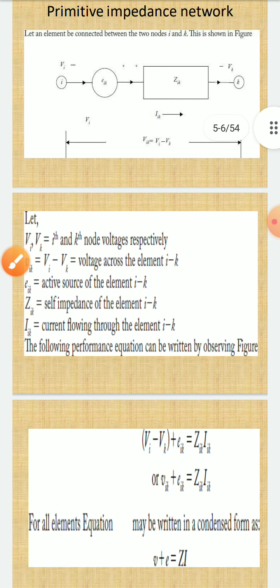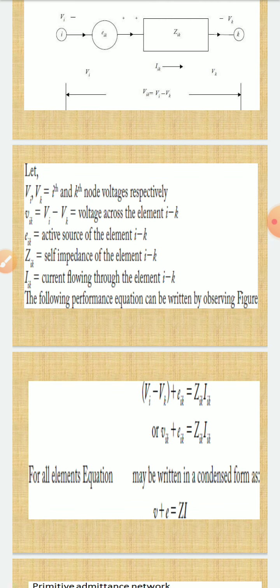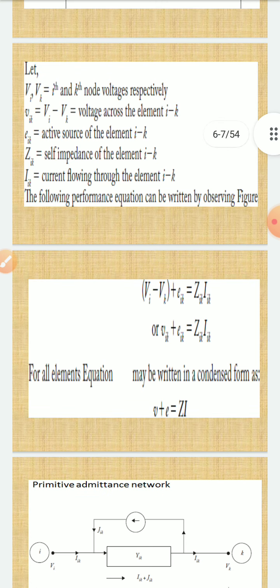Next slide. V of I and V of K are the ith and kth node voltages. V of Ik means V of I minus V of K, the voltage across the element I to K. E of Ik means the active source of the element I to K. Capital Z of Ik means the self-impedance of the element I to K. And capital I of Ik means the current flowing through the element I to K. The following performance equations can be written by observing the above figure.